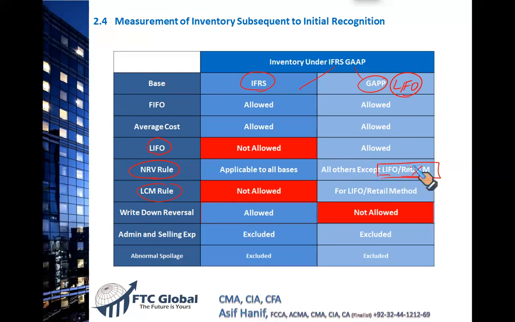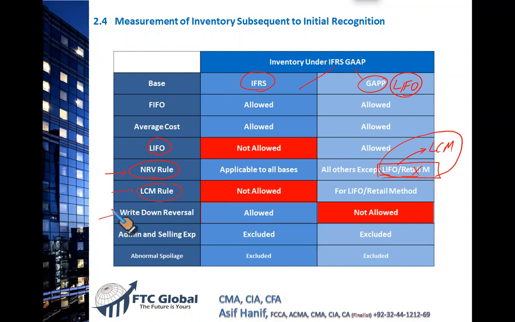So under LIFO and the retail method, you will use a very unique rule called LCM. In other words, just keep it in mind. For LIFO and the retail method, we will use a method called LCM, lower of cost or market price. We'll discuss this in detail. So let us first discuss what NRV is, what the NRV method is, and what the LCM rule is, and then we will decide accordingly which method is permissible under which accounting regime.